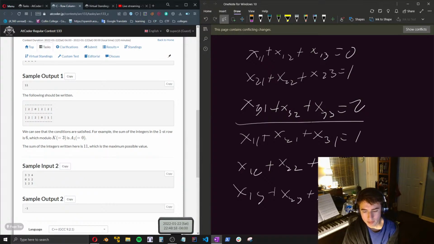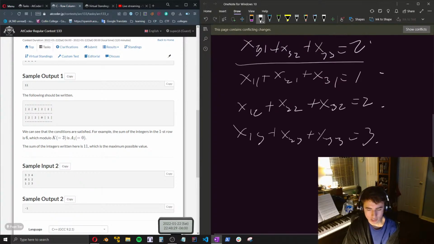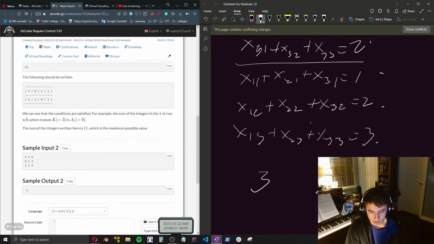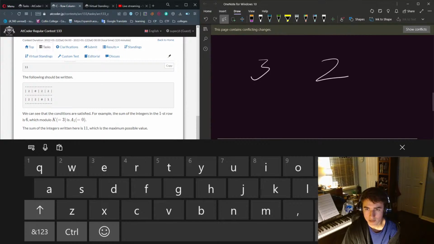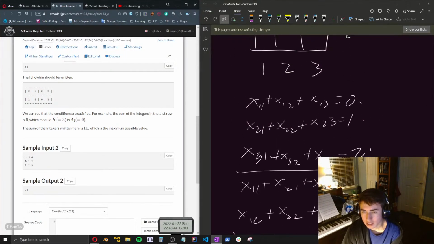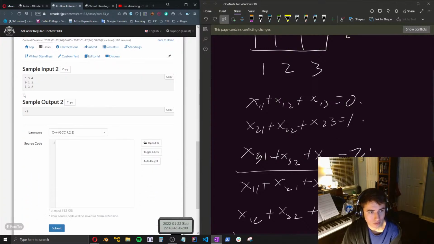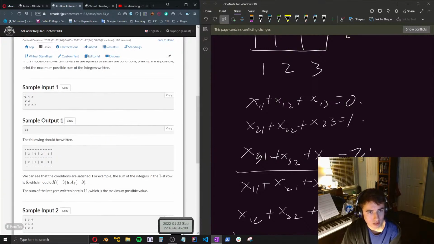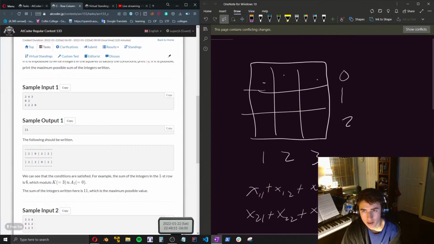Of course, the sum for all of these has to be equal to the sum of all of these. Like 0 plus 1 plus 2 has to equal 1 plus 2 plus 3. Okay, I'm guessing that. Is that the only condition? 1 plus 2 plus 3 is 6. Modulo 4 is 2. Maybe that's the only condition you have to satisfy. Let's guess that for now. That'd be pretty weird. I mean, there has to be more, right? I don't know.